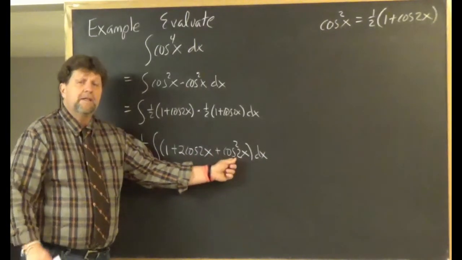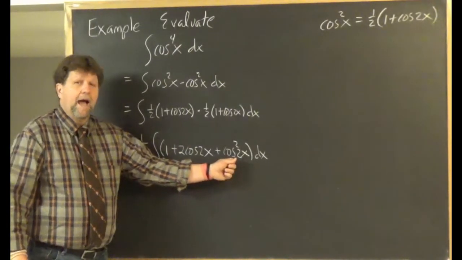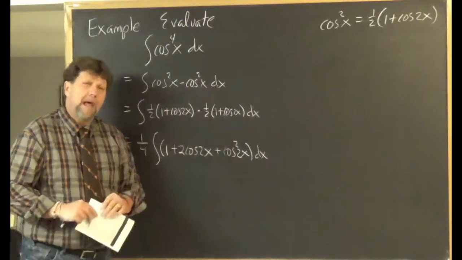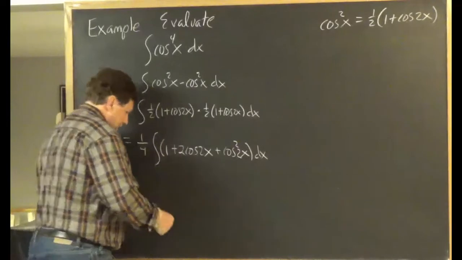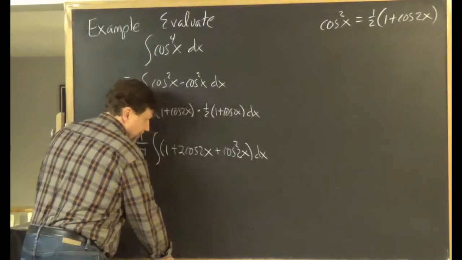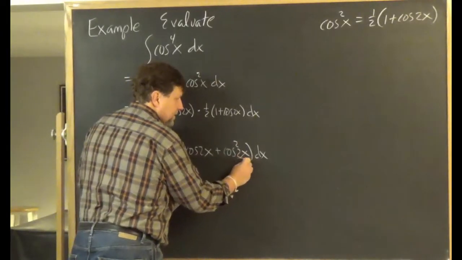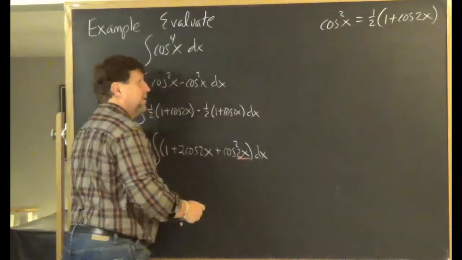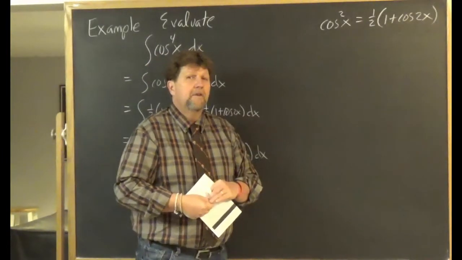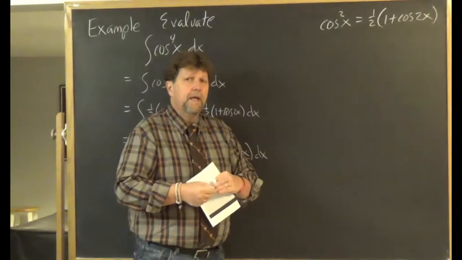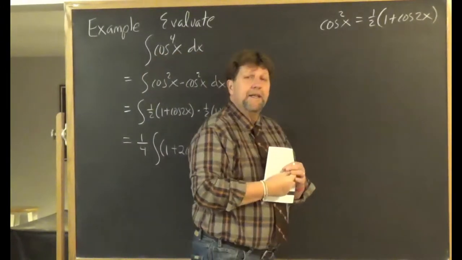Cosine squared 2x. Okay, now we have a little issue with this one. I need to make use of that power reducing identity again. Now here's what you have to really focus on. This is cosine squared 2x. Your power reducing identity is for cosine squared x. So all you have to do is replace x with 2x in the power reducing identity.